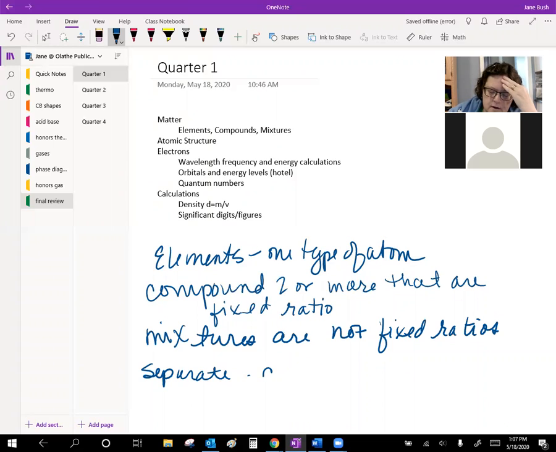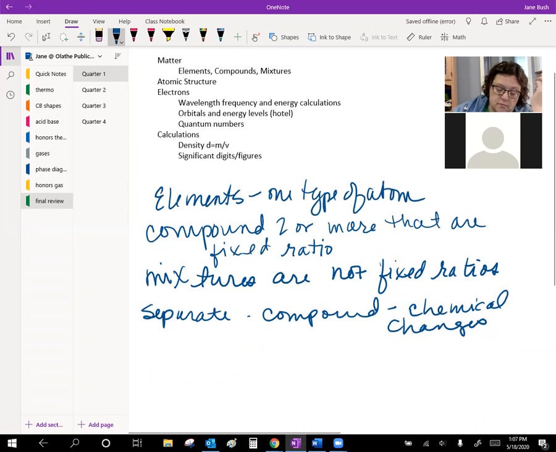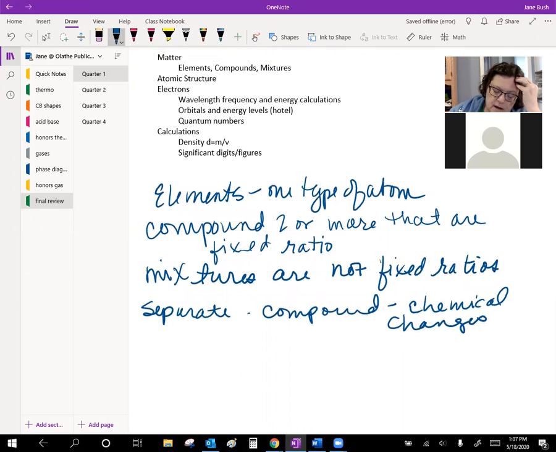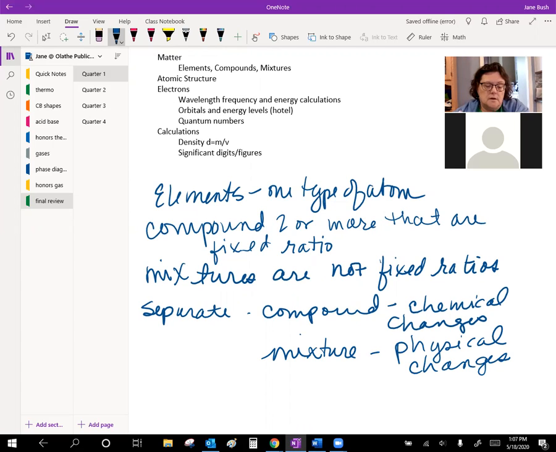If you want to separate a compound, you use chemical changes, because you have new things forming. And if you want to separate a mixture, you use physical changes, because you're just separating the substances. They're still the same substances.